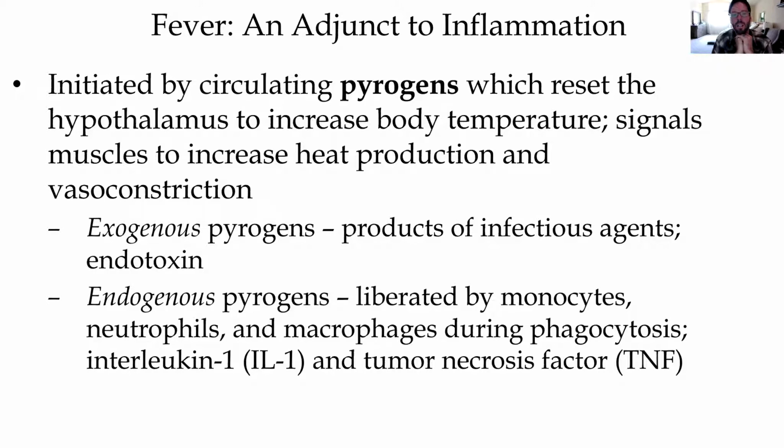Yeah, mostly they're proteins. Is it just like a general term for something that raises the body temperature? Yes, it's a general term. So pyrogens can be exogenous, meaning they come from the microbes, and that triggers a fever, or they can be endogenous, meaning that the immune cells release them.